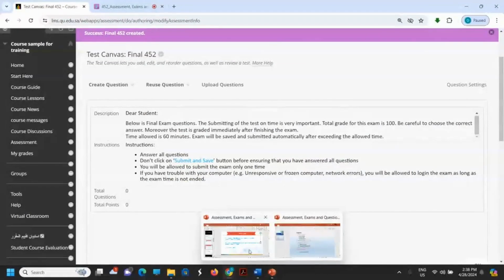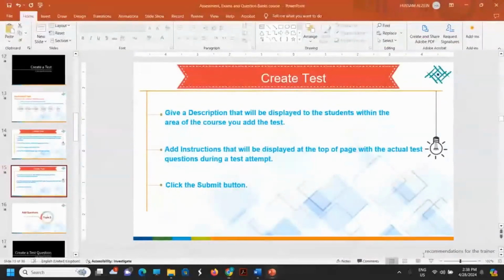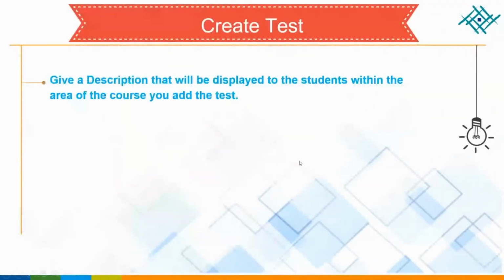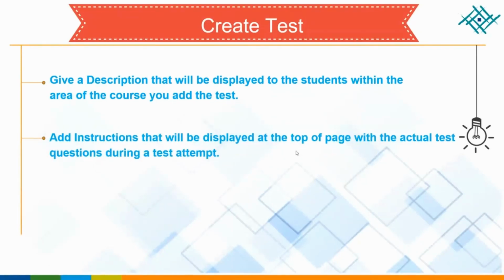Let's come back to our presentation. Then create test: give a description that will be displayed to students within the area of the course you added the test. Add instructions that will be displayed at the top of the page with the actual test questions during a test attempt.